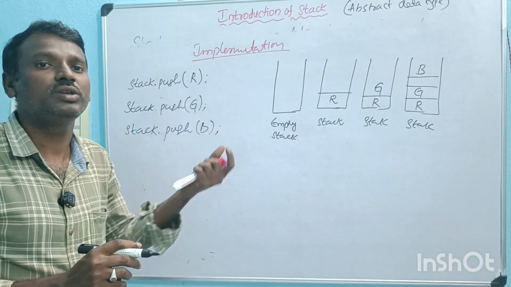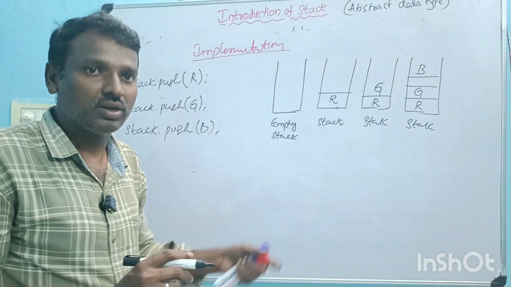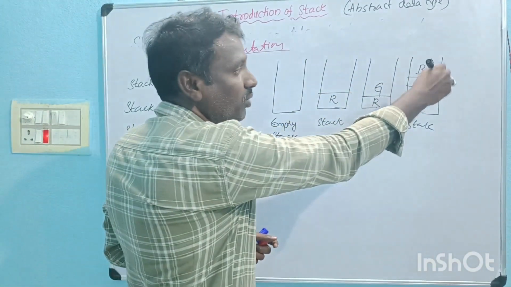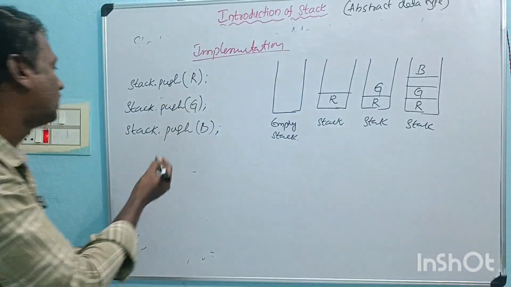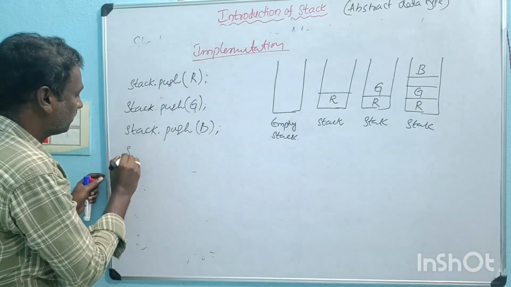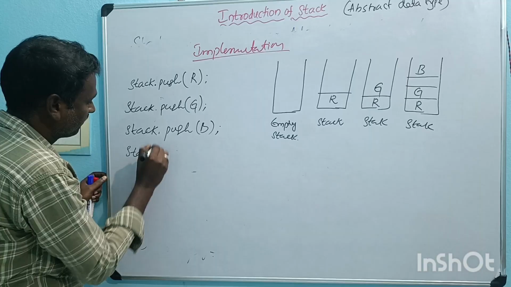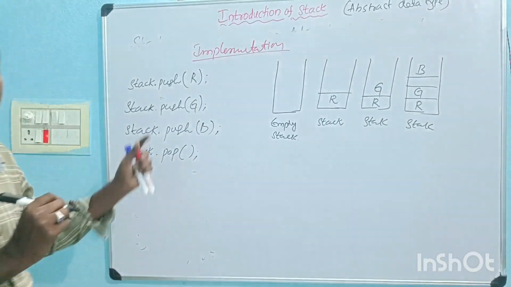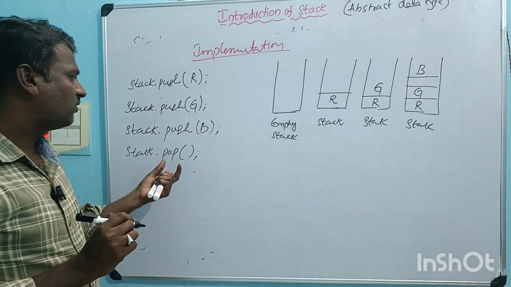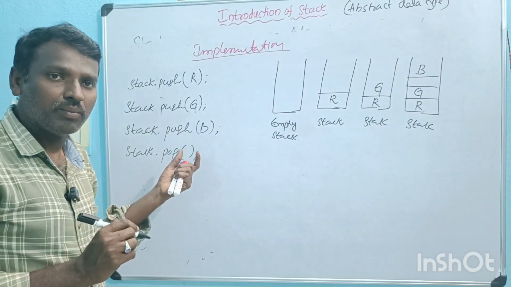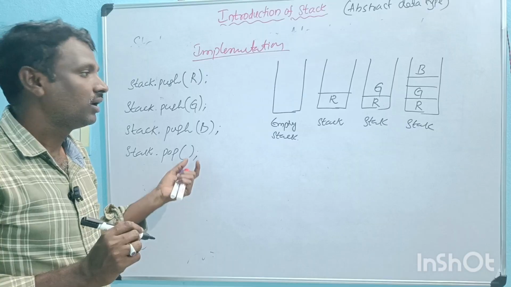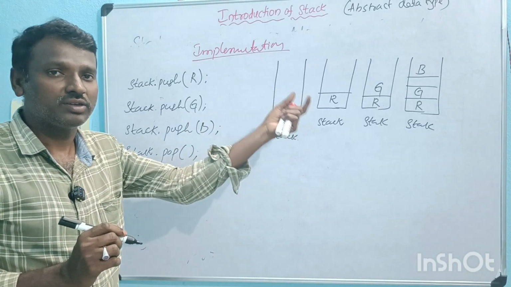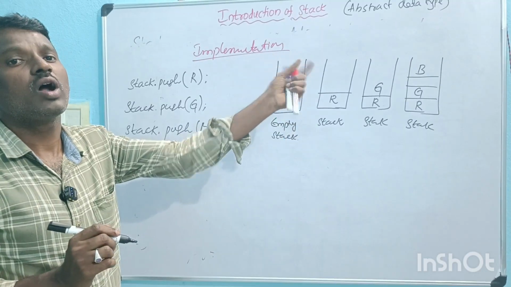Now I am using another stack operation, that is pop. How many elements are there? Three elements are available in my stack. Now I am performing another operation, stack dot pop. Without mentioning an element ID or element name, the top element of our stack will be removed automatically.